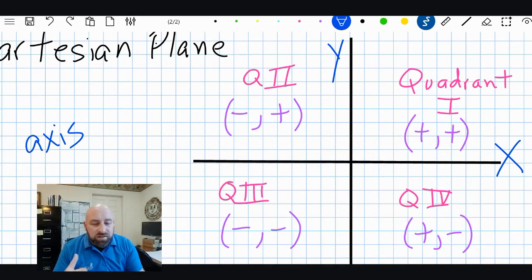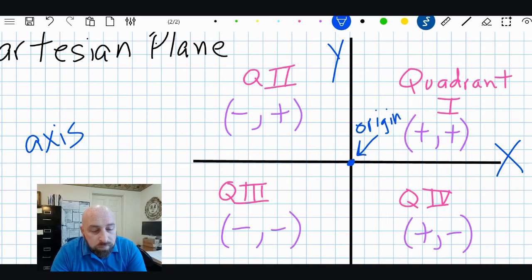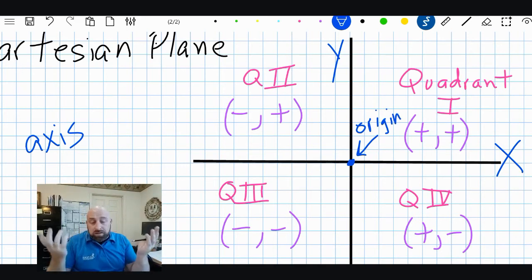Okay, there's something special that happens right here in the middle, where the two axes meet each other. And that point right there in the middle where they cross, the x and the y, is called origin. Origin, okay? And it's the beginning point. It's where it originates, okay?